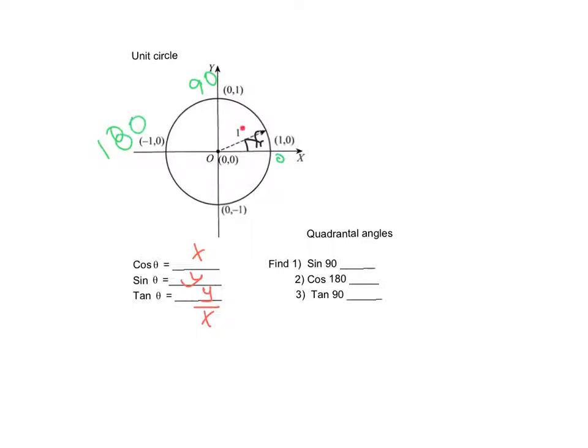If I follow my angle all the way around to here, that angle would represent 270 degrees. And then if I kept going all the way around the whole circle, I would get back here to 0 to start with, but that would be 360.